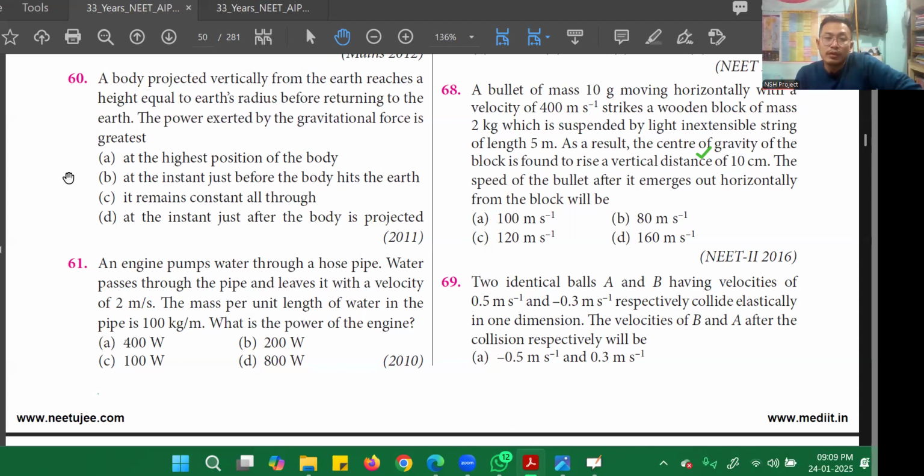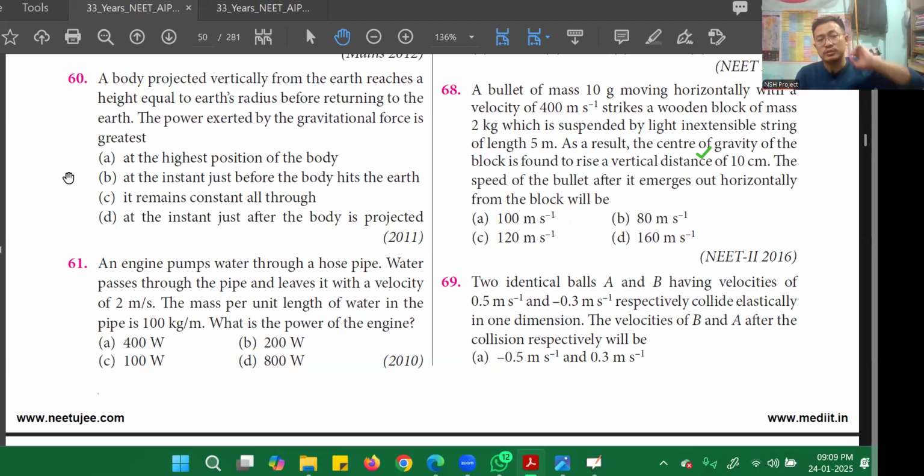So energy is a constant for a body projected vertically from the earth that reaches a height equal to Earth's radius before returning to the earth. The power exerted by the gravitational force is greatest when energy is constant and time is minimum, that is, at the instant just after the body is projected.